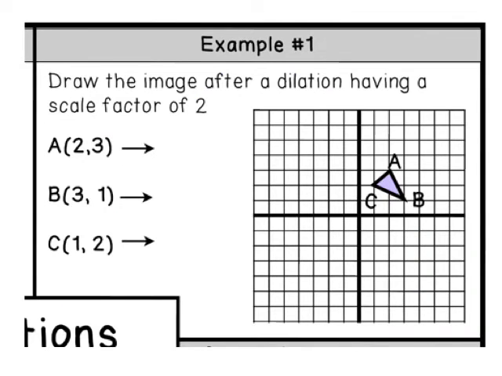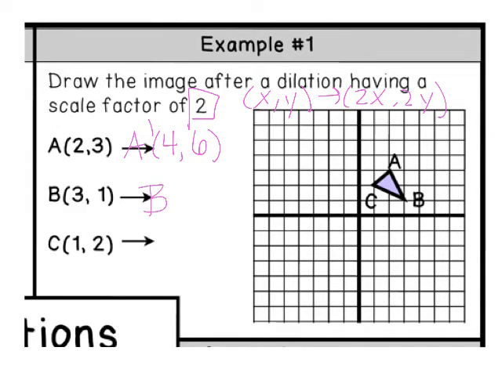All right, let's try an example. Let's use the scale factor of 2. Point A is over here at 2, 3. So you're going to take your x, y, and do 2 times x and 2 times y. 2 times 2 is 4. 2 times 3 is 6. So this is A prime. B prime: 3 times 2 is 6, 2 times 1 is 2.